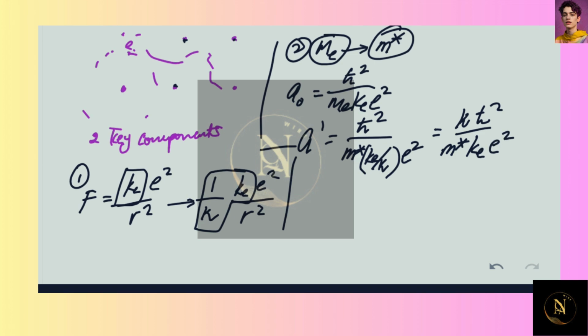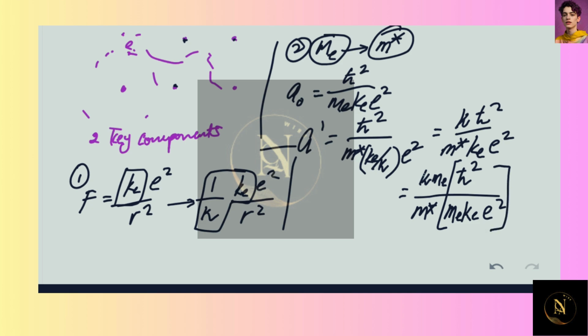Now we want to find it in terms of the original Bohr radius a0, so we multiply by a factor of me in both the numerator and denominator, and we see that this is the Bohr radius, and this is our additional factor on the left.